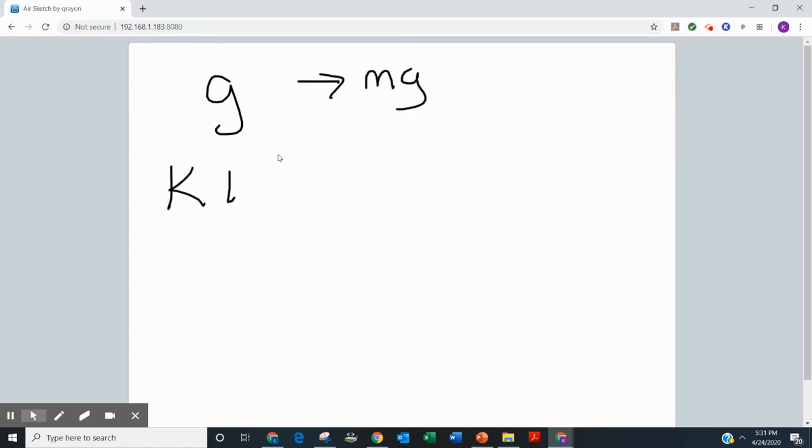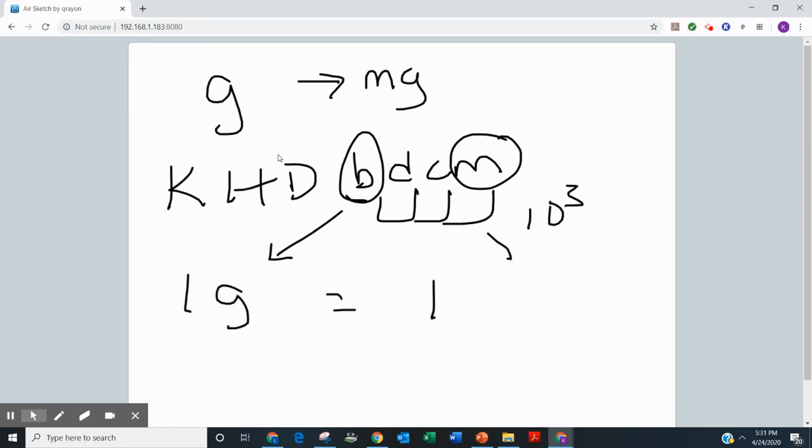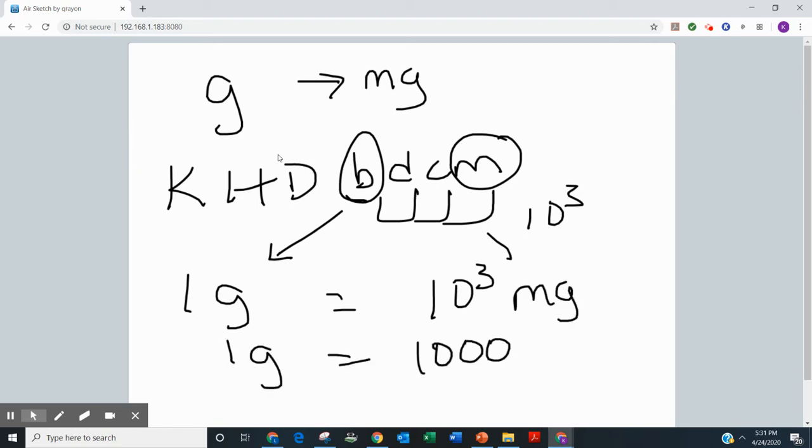So I put out my list of prefixes, and I've got to go from the base to milli. So that's 1, 2, 3. So that's 10 to the third. So my base is 1 gram, and that's going to equal 10 to the third milligrams, which is 1,000 milligrams. So that's one conversion factor that I'm going to need to use.